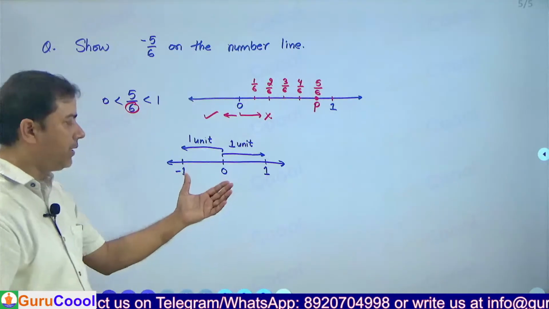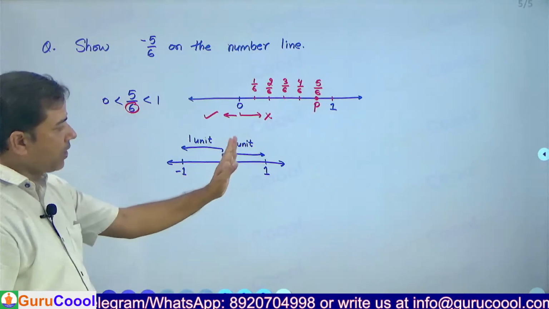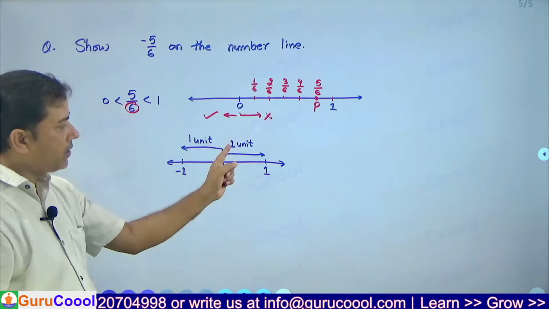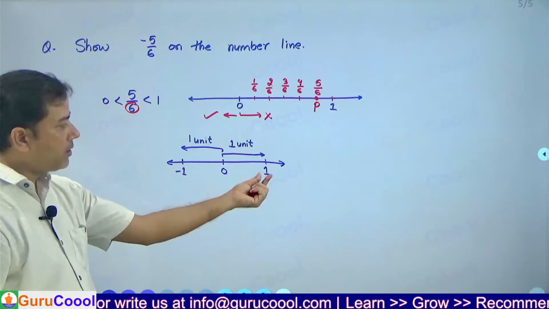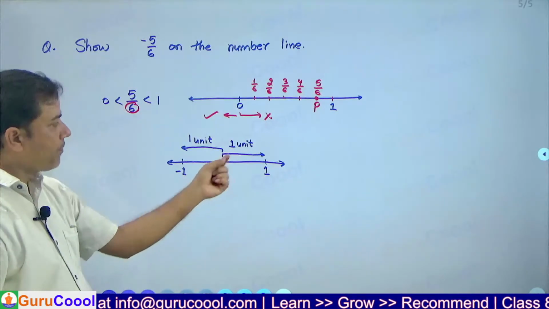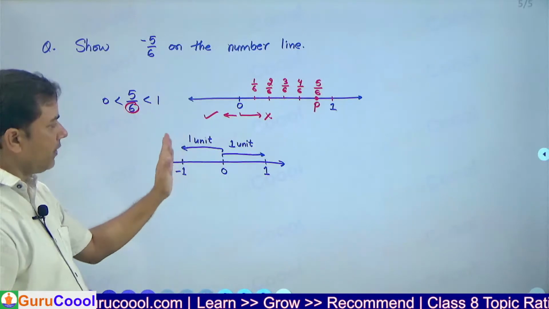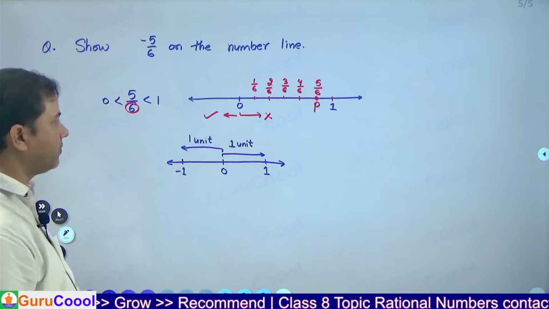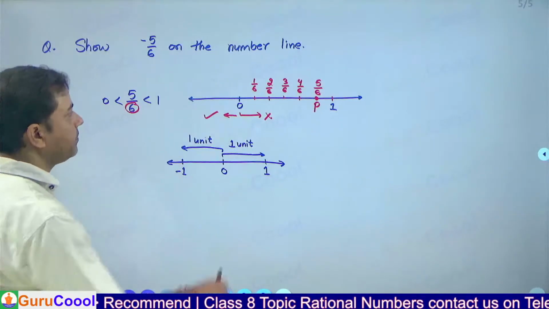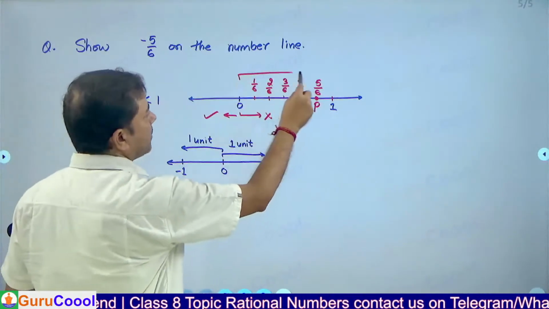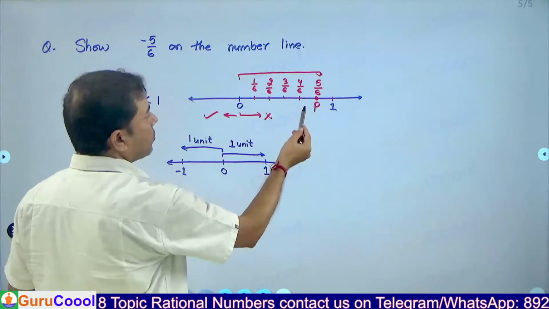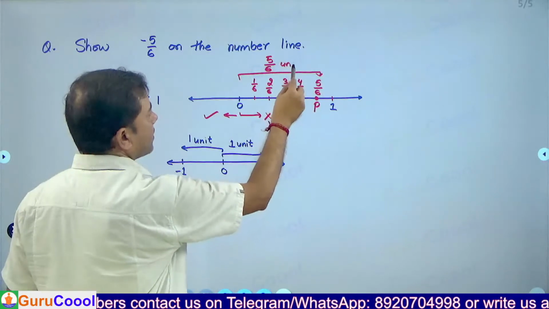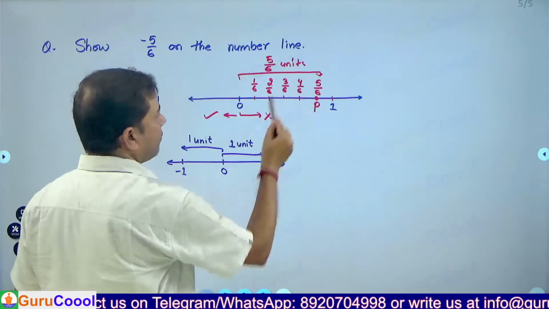This is the idea. The distance you travel on the right side, you reach at that number equal to that distance. Number 1 reached, that means you traveled 1 unit. Same distance traveled on the left side, 1 unit distance, that means you reached at -1. Same idea will be here. From 0 to this point, you traveled 5/6 units distance and you reached at the number 5/6.